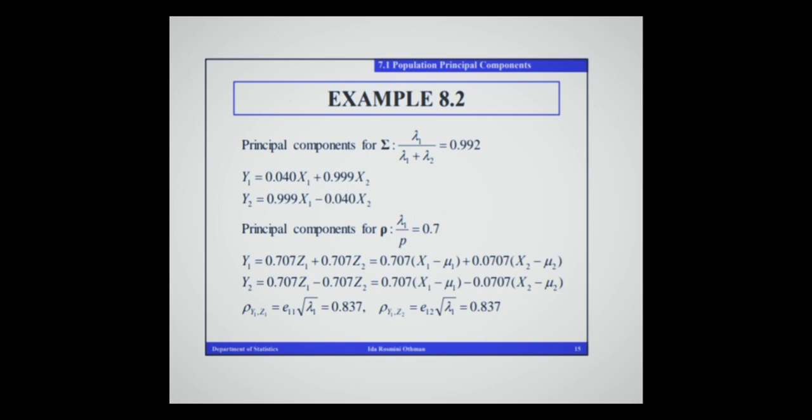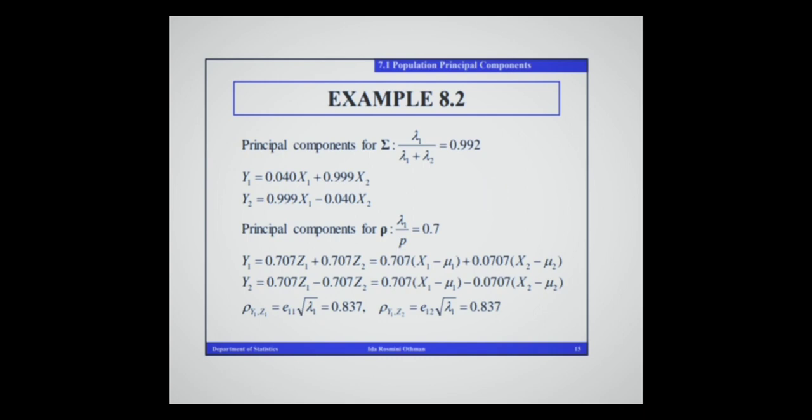So let's say if we want to see how many percent the first principal component contributes, we will use lambda 1. If you want to check the second principal component, you will use lambda 2. Okay, it is to determine the degree of variation in the data contributed by each PC. And also we can make the decision on which principal component or how many principal components can be used to replace the variables x.